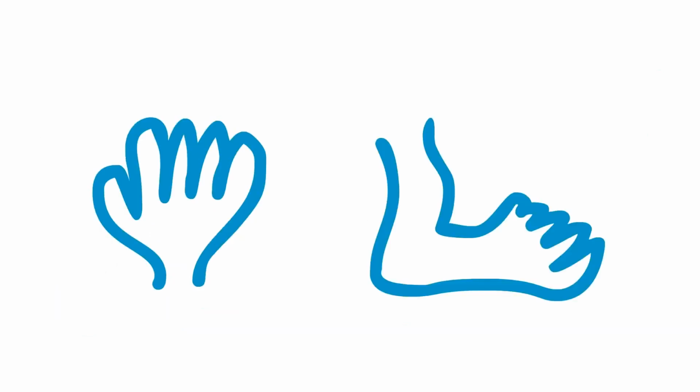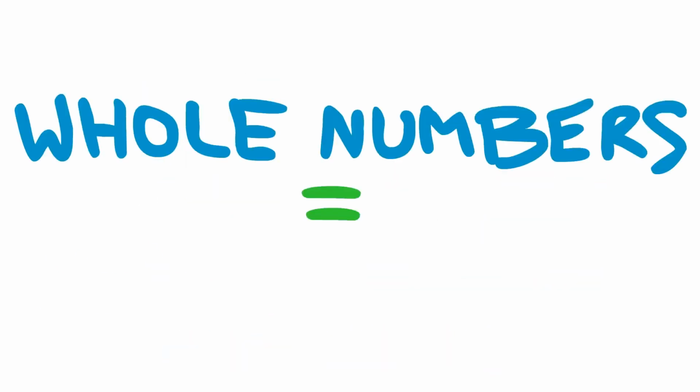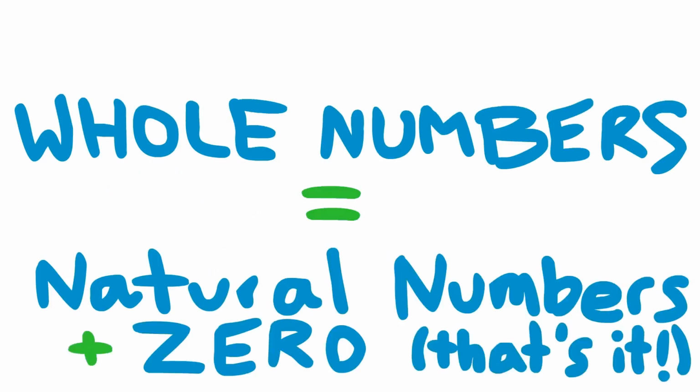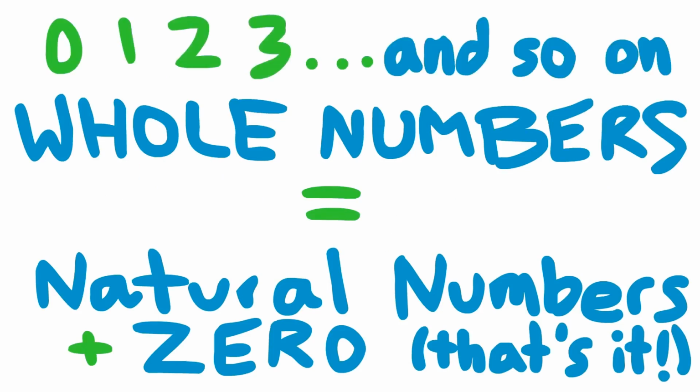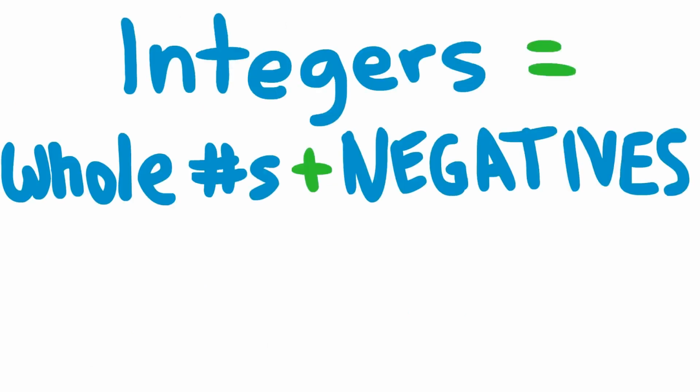Natural numbers are naturally numbers you count on your hands and your feet. 1, 2, 3, 4, 5, 6, and so on. Whole numbers are natural numbers plus 0. That's the only difference. 0, 1, 2, 3, and so on.